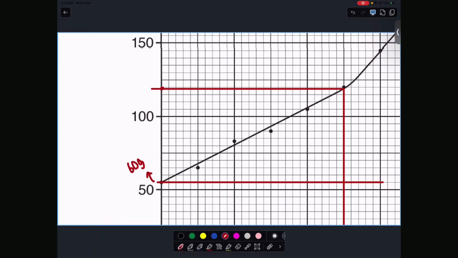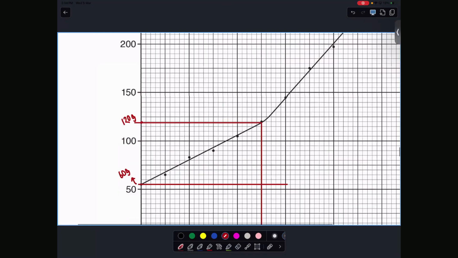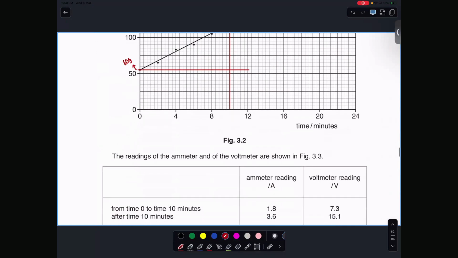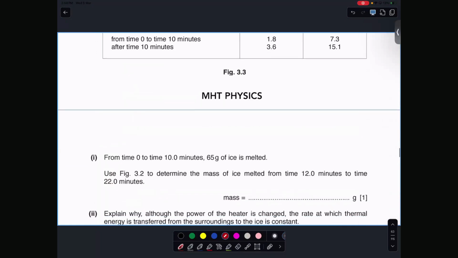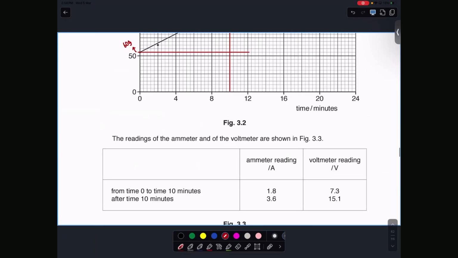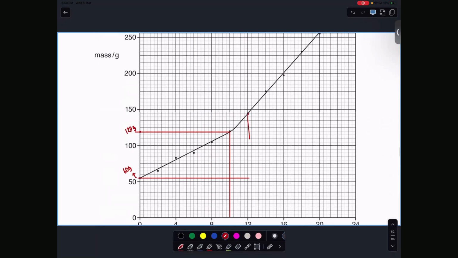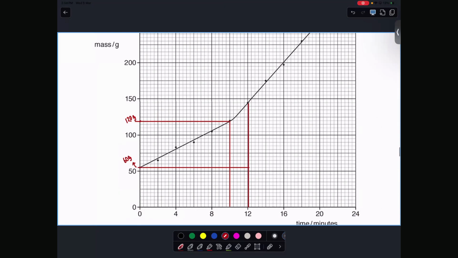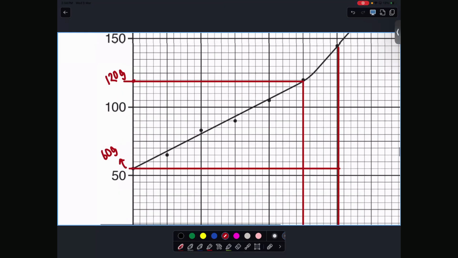And এটা কত হবে তাহলে 5, 10, 15, 20, so 120 grams. ওরা বলছে কি মেল্ট হয়েছে এখানে, না ওই যে 10 এর জন্য 65 grams melted. Use figure 3.2 to determine the mass of ice melted from 12 minutes to 22 minutes. 12 to 22, so 55. Oh, sorry, you're right. 55 grams.